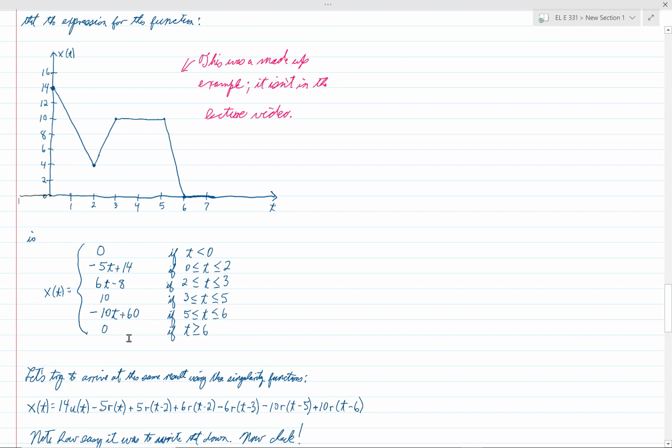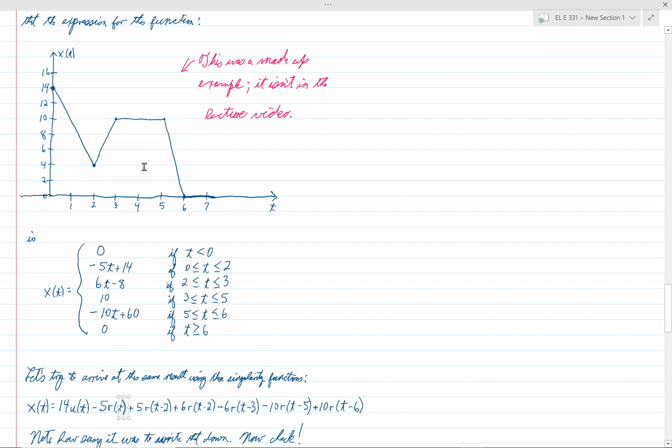But this one starts not at 0, but at 2. So it's +5r of t minus 2. Now what that will do is that flattens this out. So if all I had was 14u of t minus 5r of t plus 5r of t minus 2, I would just have a graph that would come down like this and then would flatten out.